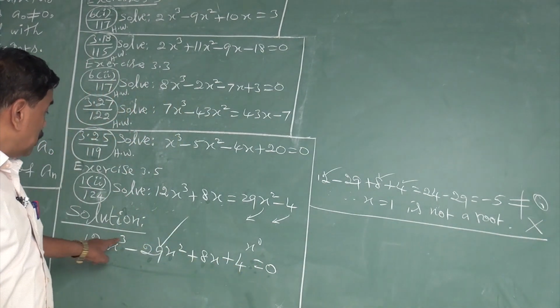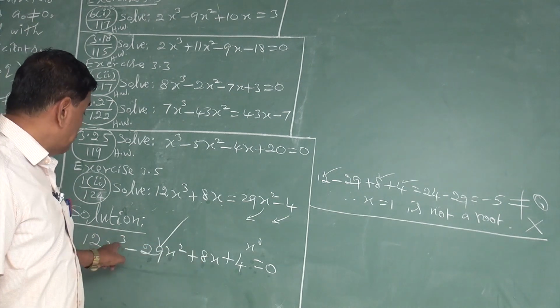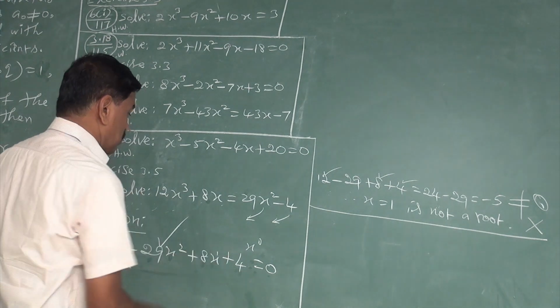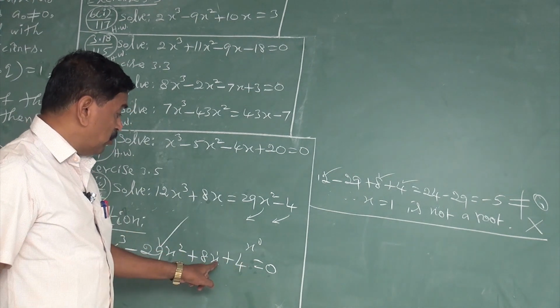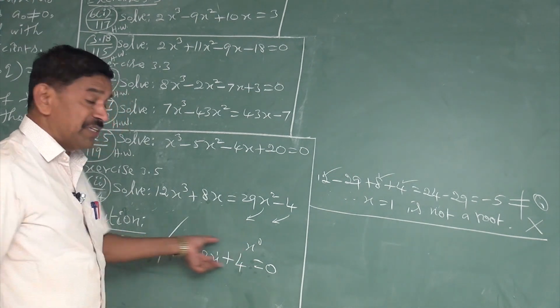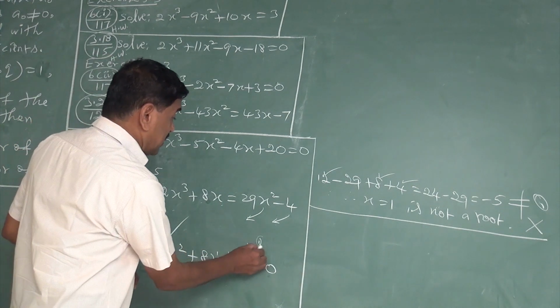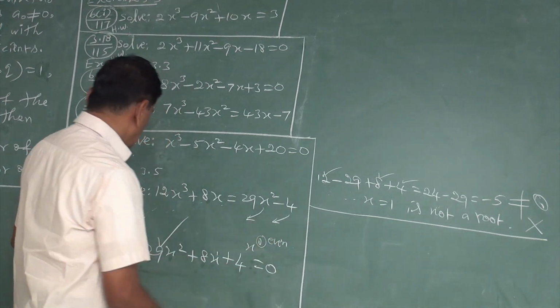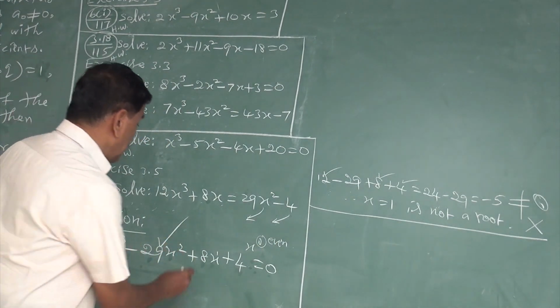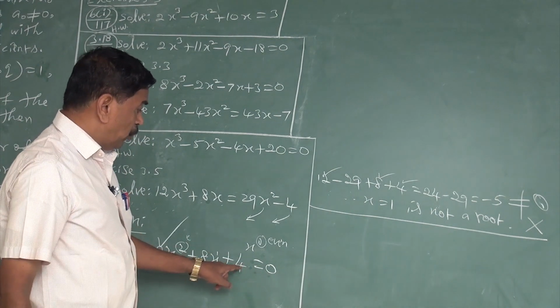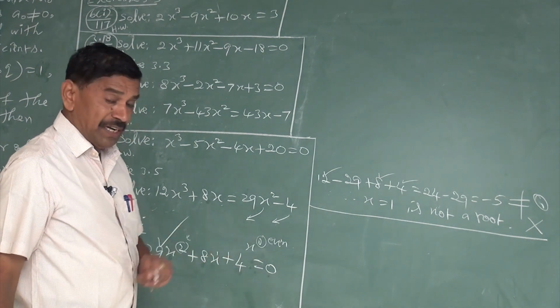Here x power 3, x power 2, x power 1, and then x power 0, because the powers are decreasing. So 4 means 4 into x power 0, where 0 is considered an even number. And x squared, where 2 is even.